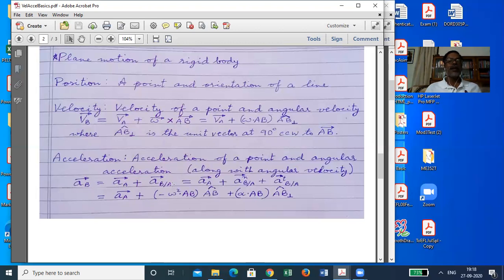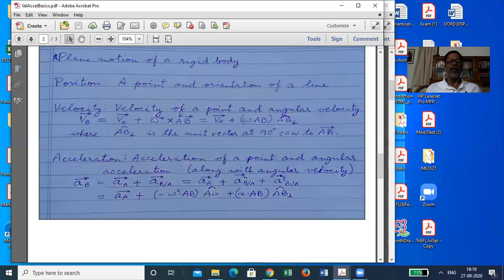But relative acceleration will have two components, normal and tangential. So the normal component will be this centripetal acceleration, which is omega square AB from B towards A, centripetal towards the center. That is why this minus sign, and this is what you need.